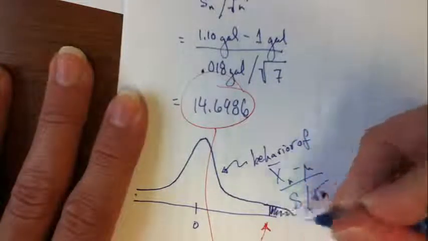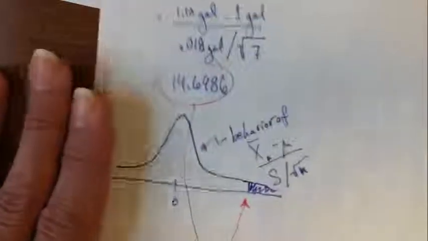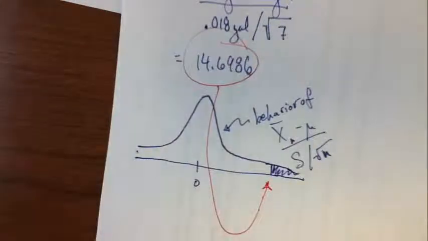If I was looking underneath a standard normal, the answer would obviously be yes, because I know from experience that 3 or 4 standard deviations out under a standard normal is pretty far.